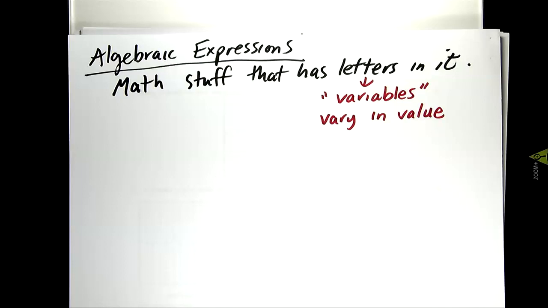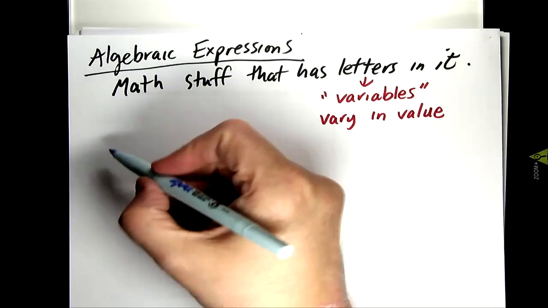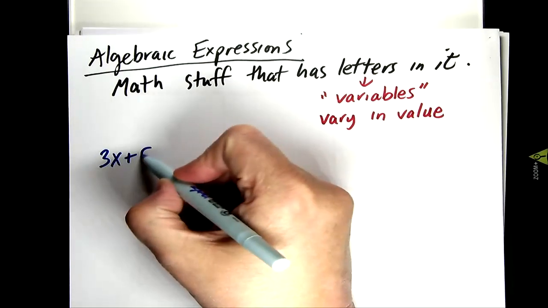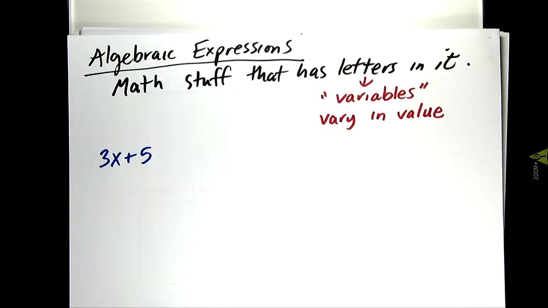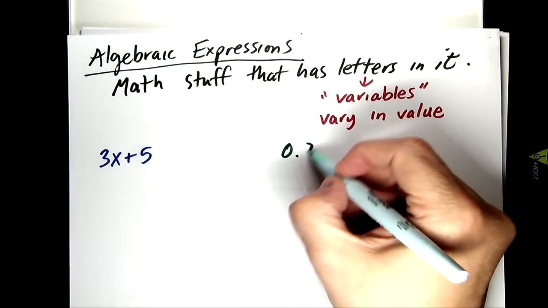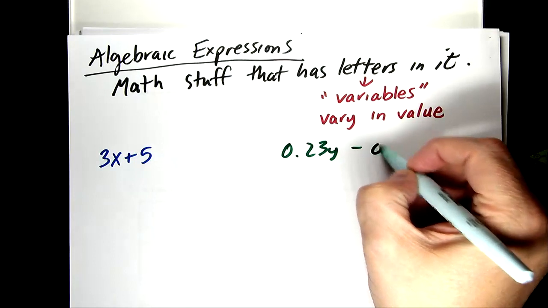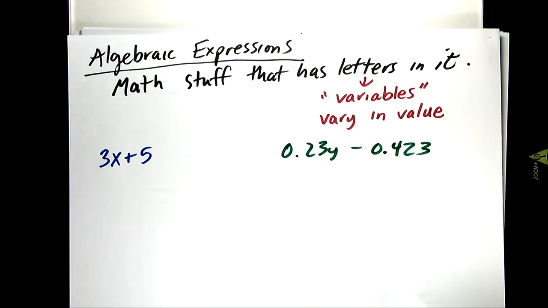So examples of this are like 3x plus 5. That is an algebraic expression. 0.23y minus 0.423. That's an algebraic expression. They don't have to be pretty. They can have ugly decimals in them. They can have even worse fractions in them.